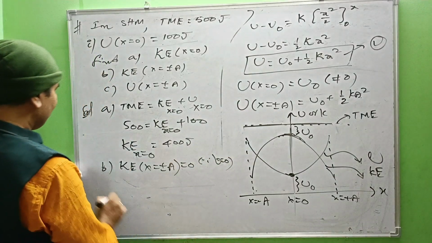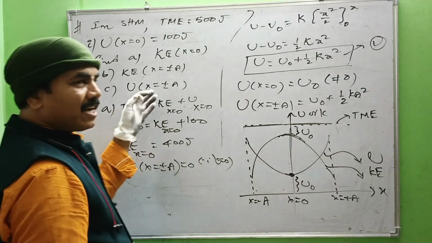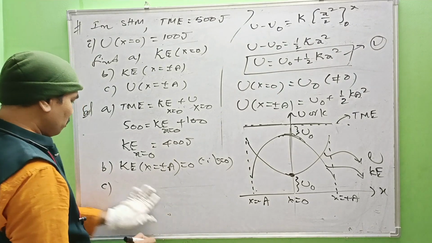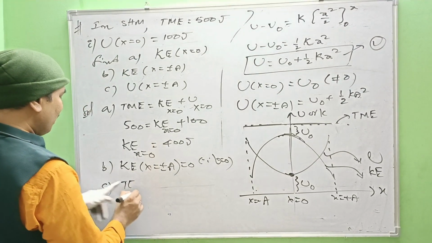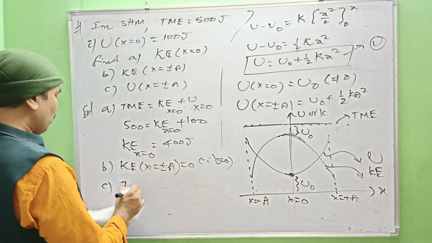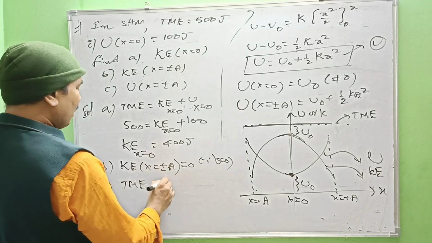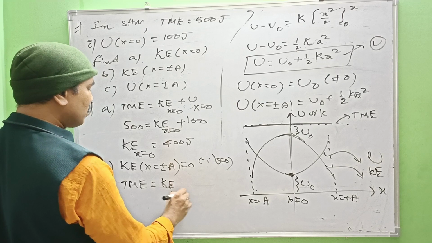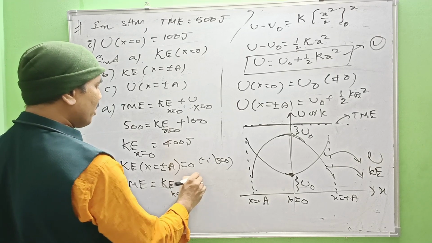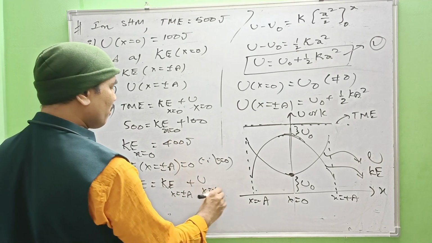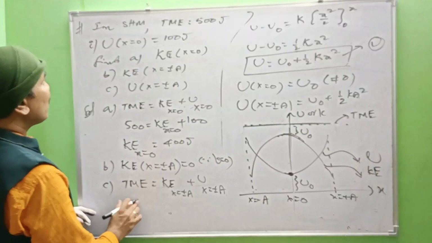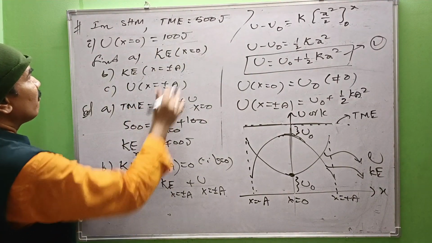Now question number C, potential energy at extreme positions, that is U. Total mechanical energy at extreme position equals kinetic energy at x equal to plus or minus a plus potential energy at x equal to plus or minus a. Now what is this value at any position? 500.